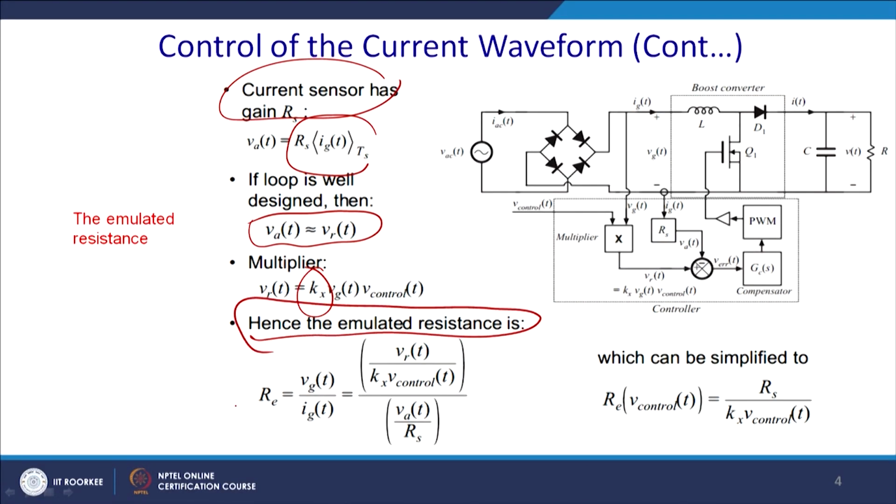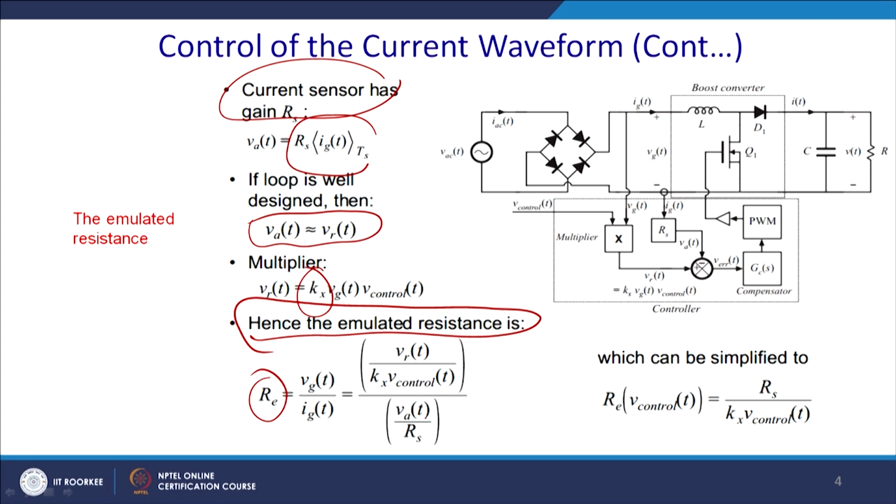So, you can see that the effective resistance of the circuit RE equals VG by IG, which equals VR Kx control by VA by RS. So ultimately this is your effective resistance, and this can be simplified.